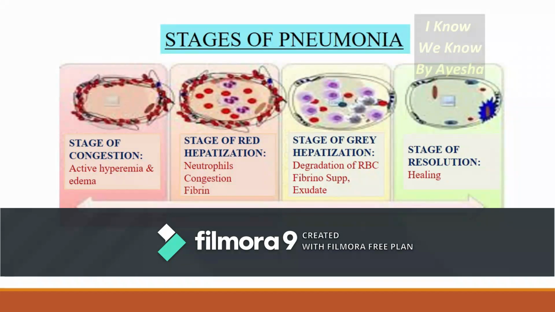Here degradation of red blood cells, fibrin and much more exudate can be seen, whereas the last stage is the stage of resolution. Once pneumonia is confirmed in any stage and the patient starts treatment, the treatment helps in reducing the pneumonia and leads to healing of the lung.